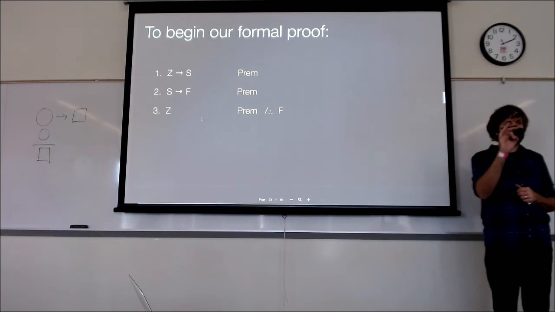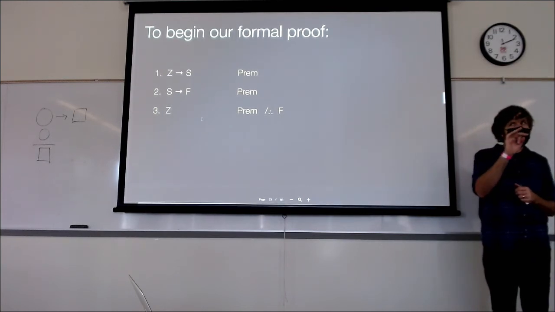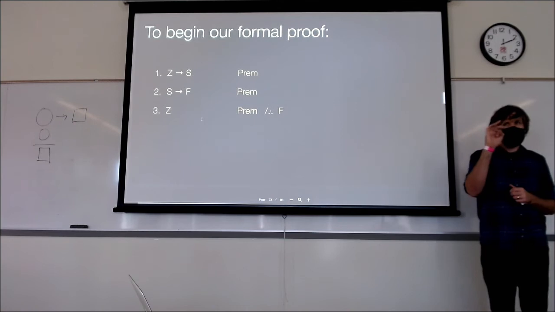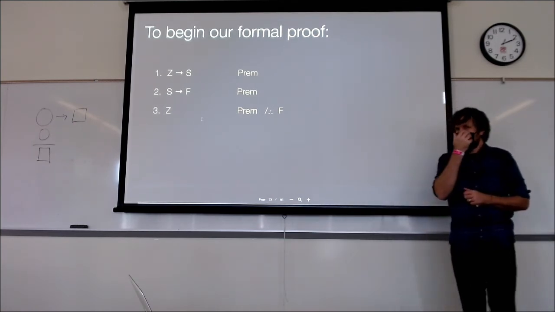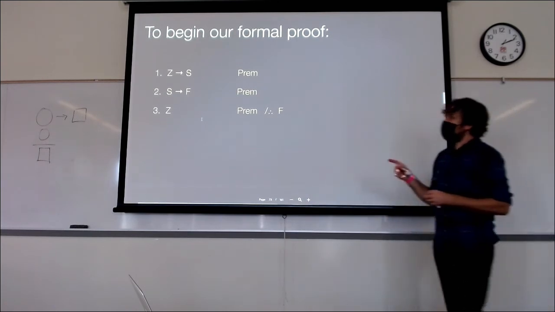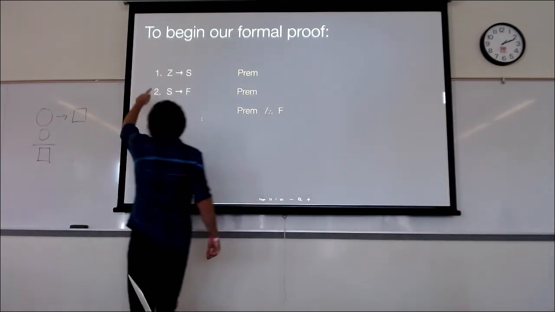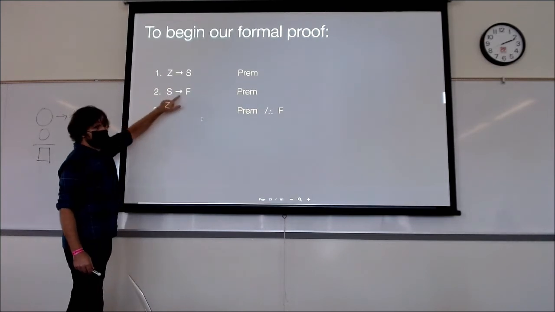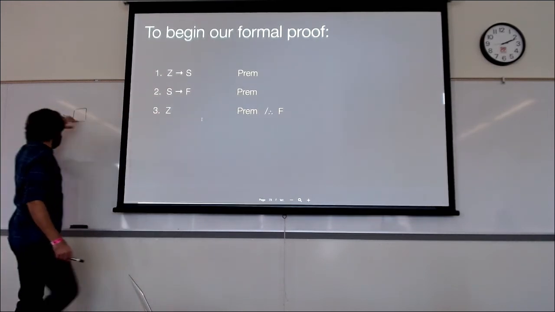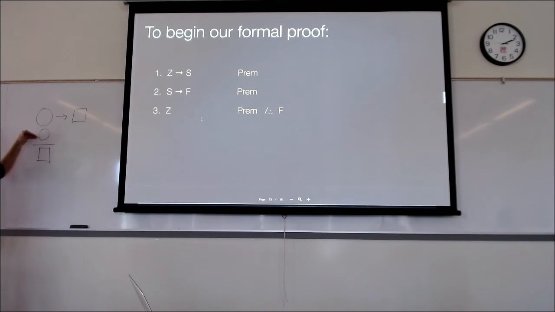Which lines? You know what I'm asking? Where do you see modus ponens here? 1 and 2. Well, if it's 1 and 2, that would be circle, arrow, square, and then I guess it would be square, arrow, triangle. But that's not this. It's 1 and 3.